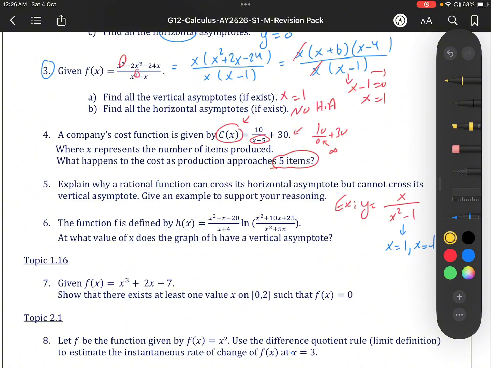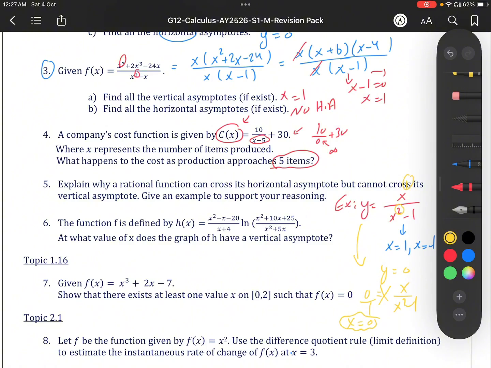According to the horizontal asymptote, the degree here is 1 and the degree here is 2. So the horizontal asymptote is y equal to 0. I'm going to show graphically and algebraically. If you replace y equal to 0, is it possible to find x? Let's see. So 0 is equal to x over x squared minus 1. If you cross multiply, then you're going to find x equals 0.